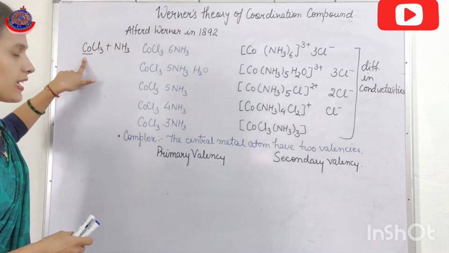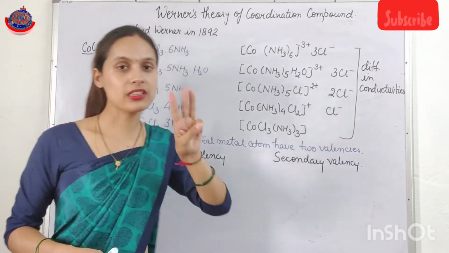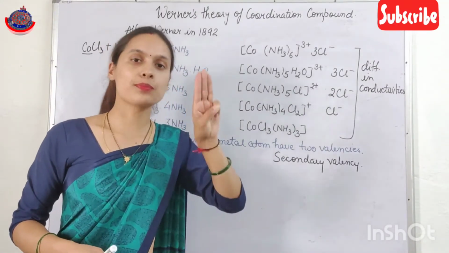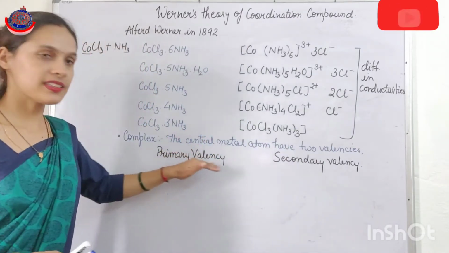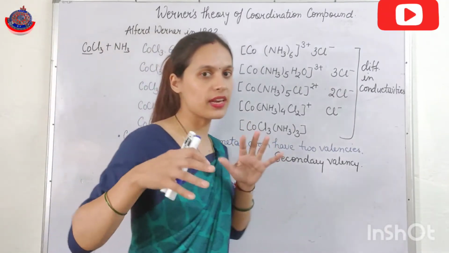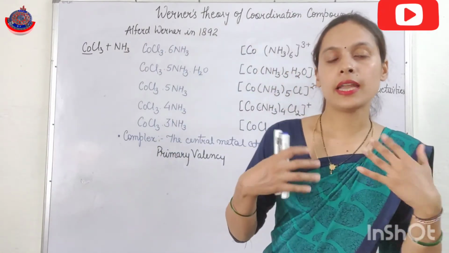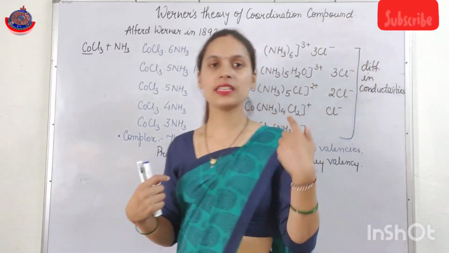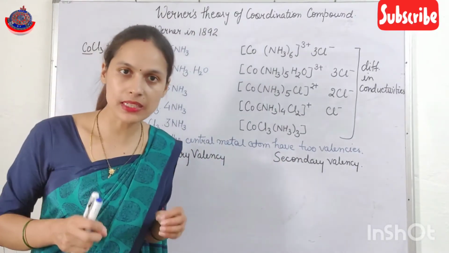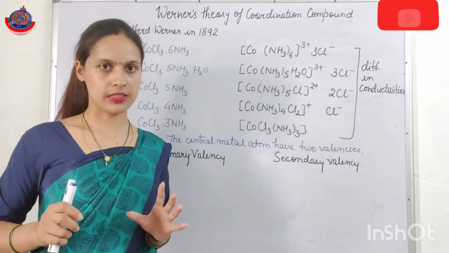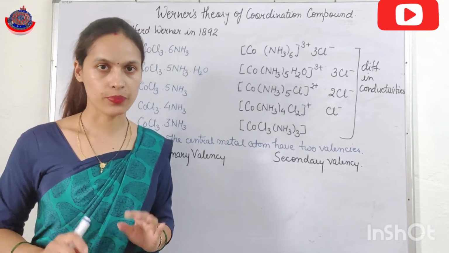Now in this case the cobalt is surrounded by 3 chlorine. So its primary valency is 3. Clear? So primary valency क्या है हमारी? Primary valency, the number of atoms which are present around the central metal atom when it is present in the form of simple salt, that is its primary valency. वो उसकी primary valency होती है.